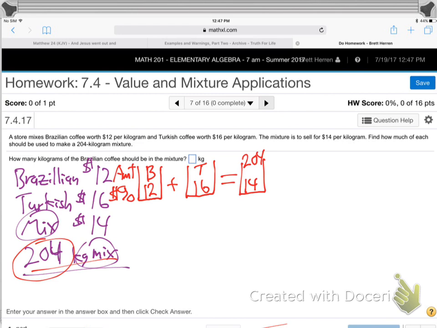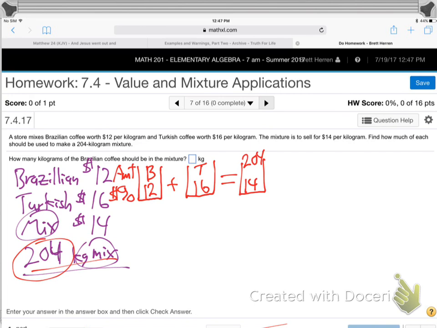Two letters. You got to get two equations out of that thing, right? All right, so two letters, we need two equations.